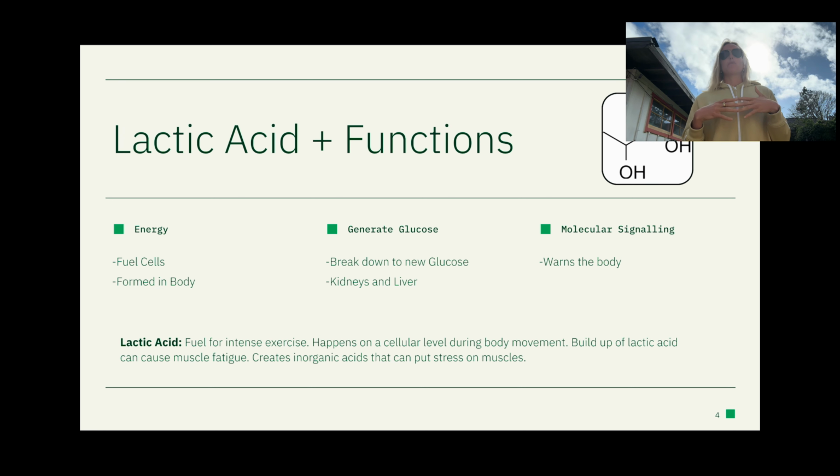During all of this, aerobic breakdown of glucose leads to an addition of inorganic acids that the lactic acid is majorly made up of. So connecting this back to our most recent pH lab, lactic acid is a strong acid, so it dissociates into lactate and H+ ions.